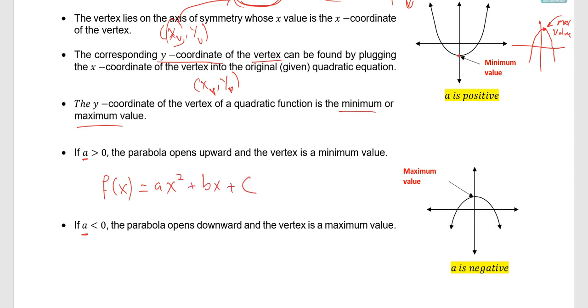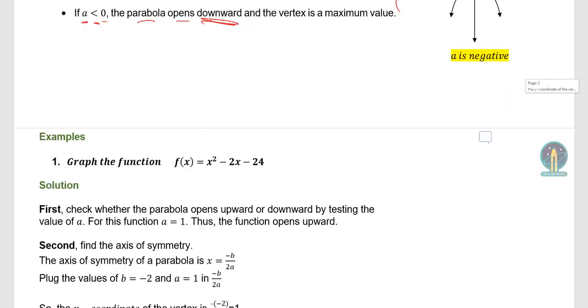If a is greater than 0, if a is positive, the parabola opens upward and the vertex is a minimum value, just like we had here. If a is less than 0, if a is negative, the parabola opens downward and the vertex is a maximum value, just like we have here. Okay, so please keep this in mind. Let's look at some examples.